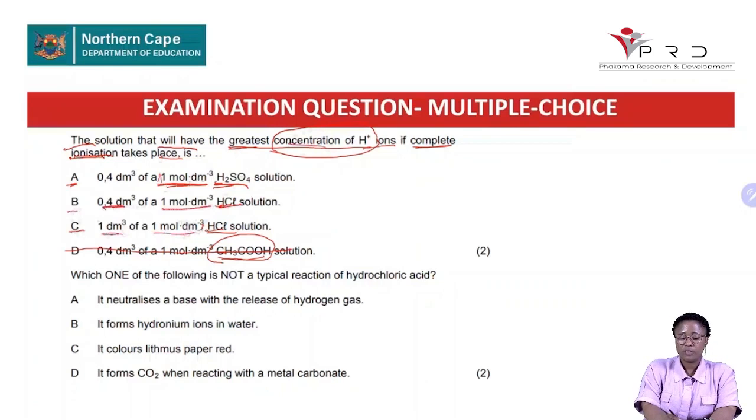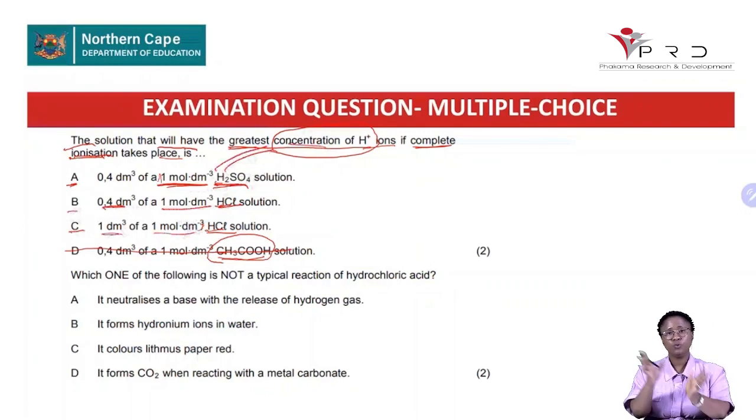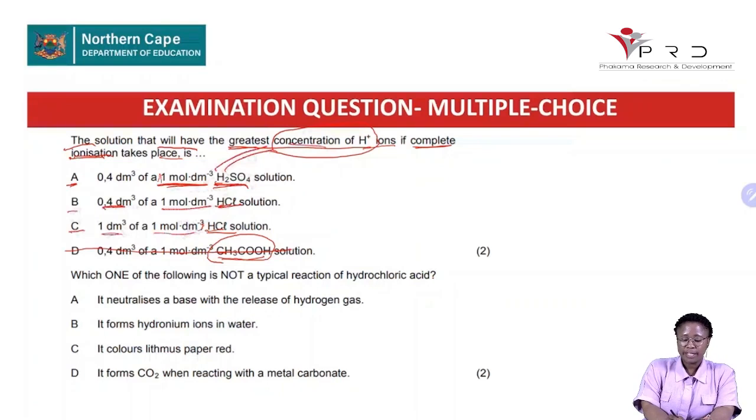Remember here, the H2SO4, because it is a diprotic acid, is going to do what? It is going to ionize completely, which means it is going to donate 2 hydrogens to water to form SO4 2 minus plus hydronium, which is H3O plus. Because we have donated 2, we must take the concentration and multiply that by 2.